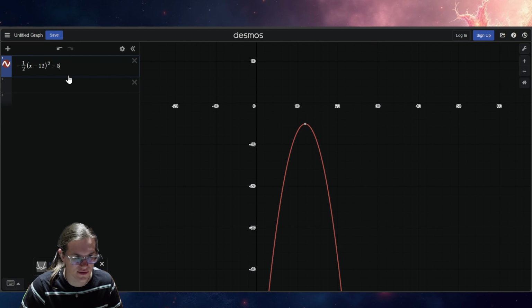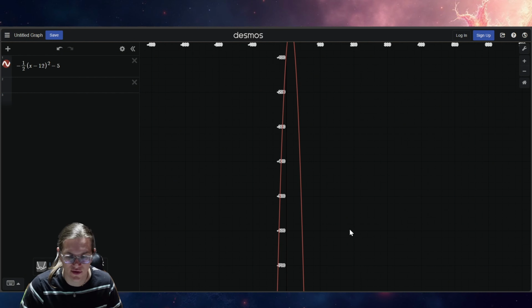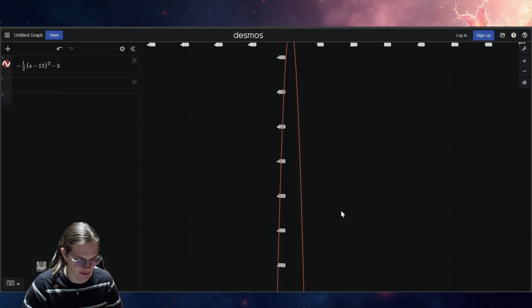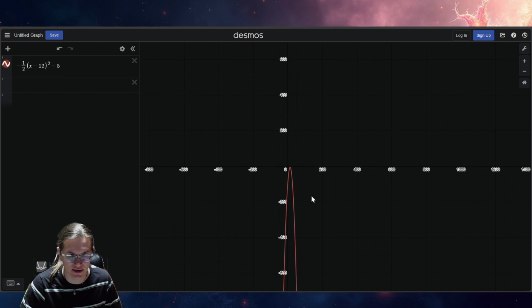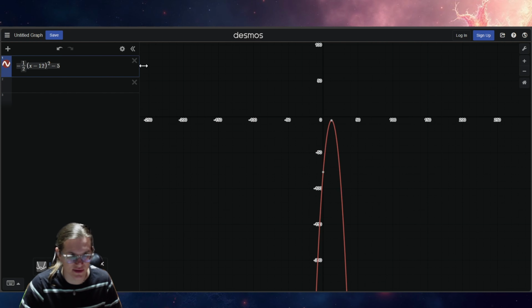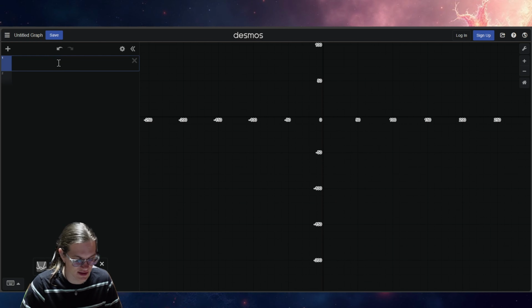What would that function look like? It's just really useful. So that's all I have for that. And that's Desmos. I love it. I think it's a great tool for, like I said, being creative and thinking about functions and transformations. There's a lot more you can do with Desmos, but definitely useful for this.